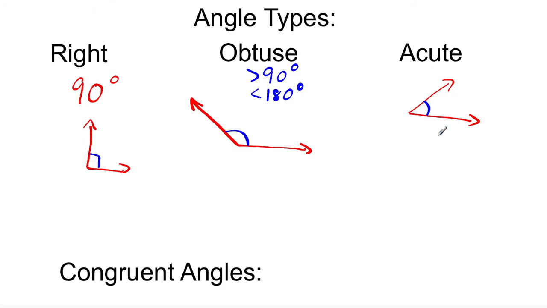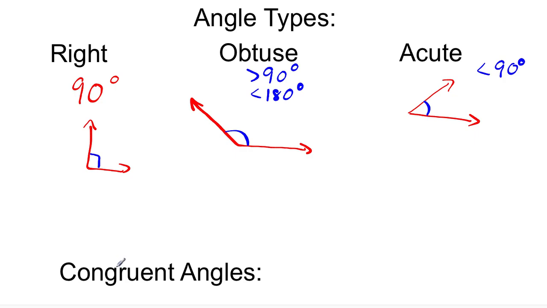It is going to be less than 90 degrees. So we start off with an angle less than 90 degrees. It's an acute angle. Greater, or at 90 degrees, it's going to be a right angle. And then an obtuse angle is going to be greater than 90 degrees, technically less than 180.